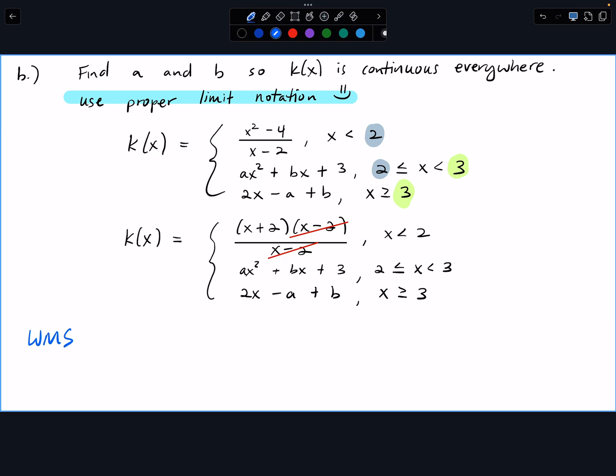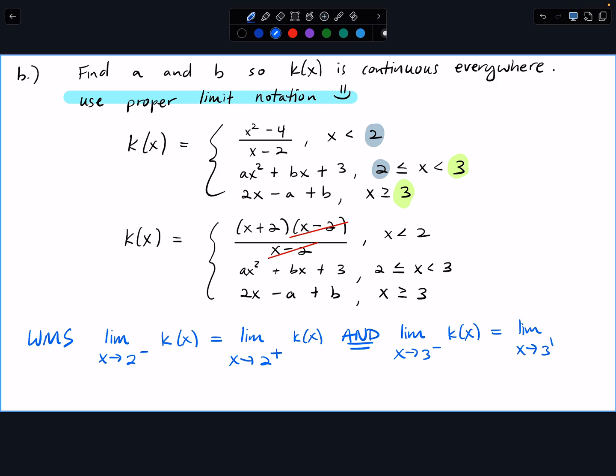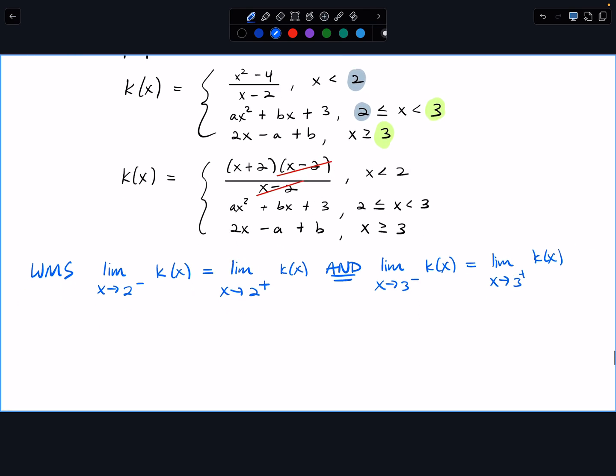That means we must show that the limit as x approaches 2 from the left of k of x is equal to the limit as x approaches 2 from the right of k of x, and the limit as x approaches 3 from the left of k of x is equal to the limit as x approaches 3 from the right of k of x. Okay, so nothing new so far. What's going to be new is, what do we do with our results?